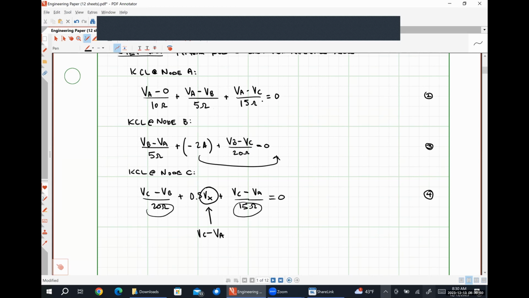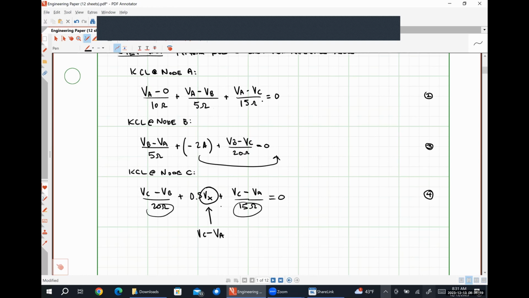Right here, VC is being divided by 15 ohms, so I'm going to have a factor of 1/15. And right here, the quantity Vx is the same as VC minus VA, so I'm also going to have a factor of 1/2 that I need to add in there. So it should be 1/20 plus 1/2 plus 1/15. And my constant term is going to be 0.